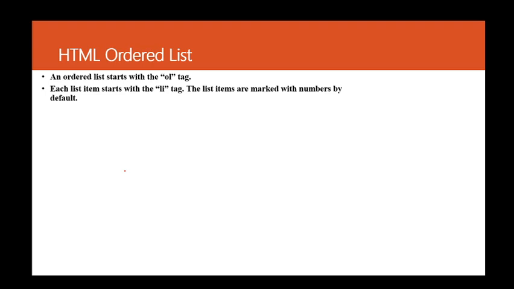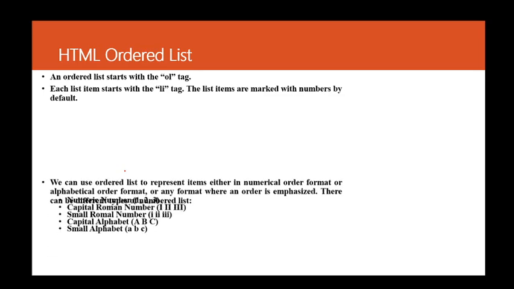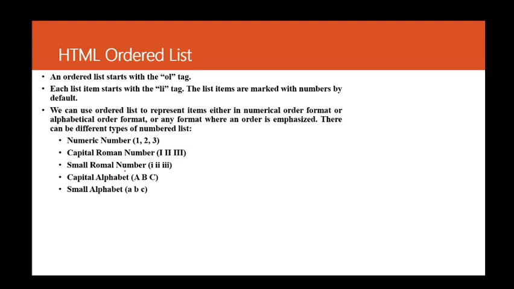Now each list item will start with LI tag as we had used it in UL tag. Now we can use ordered list to represent different items either in numerical order format or in alphabetical order format or in Roman numerals.